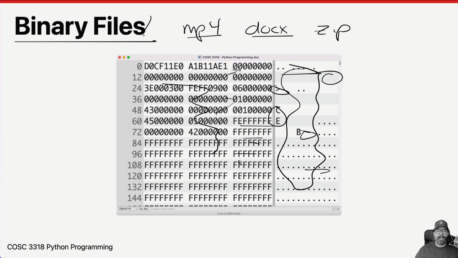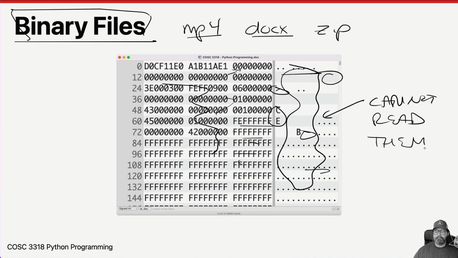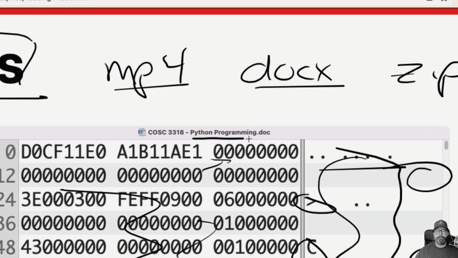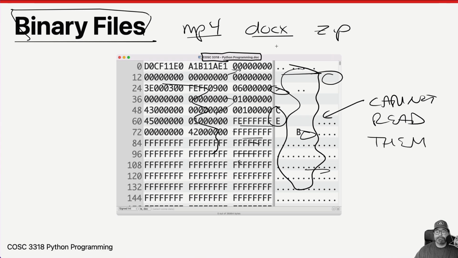All of these are binary files, which means if you open them up, you cannot read them. So what's this file here? This is pythonprogramming.doc. This is actually the Microsoft Word document that is the syllabus for this class.